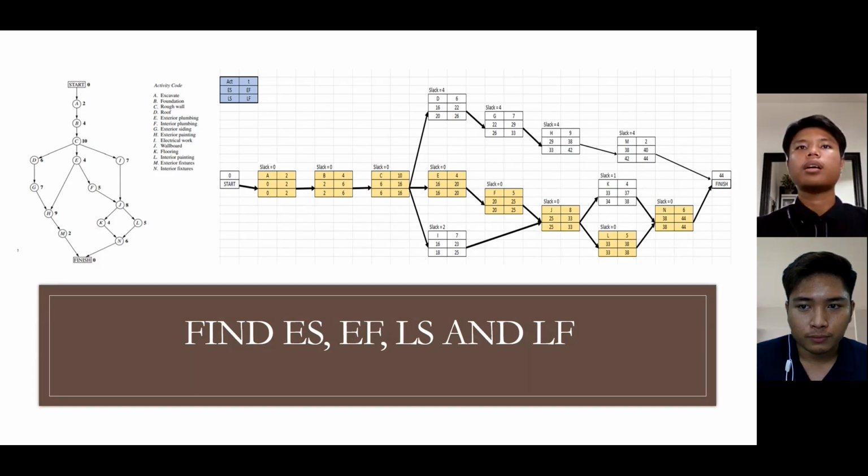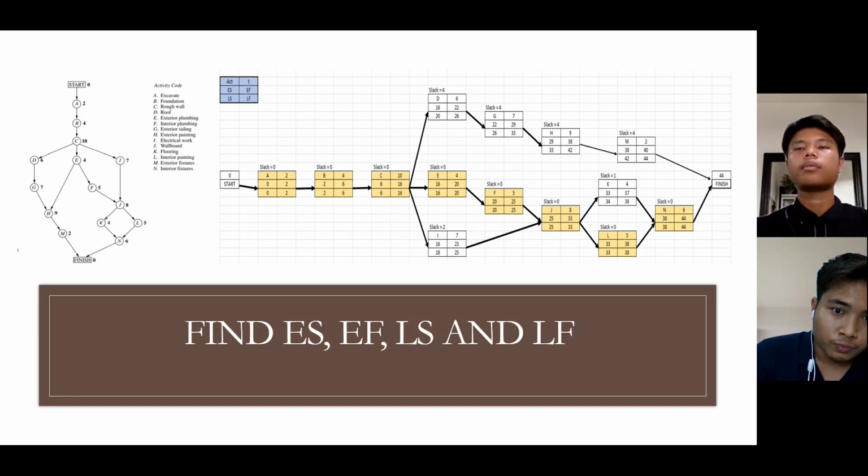After activity C, we will have 3 activities, which are D, E, I. For D, E, I, we choose the biggest early finish, which is 16 from activity C. So the early start for every one of D, E, I will begin with 16.